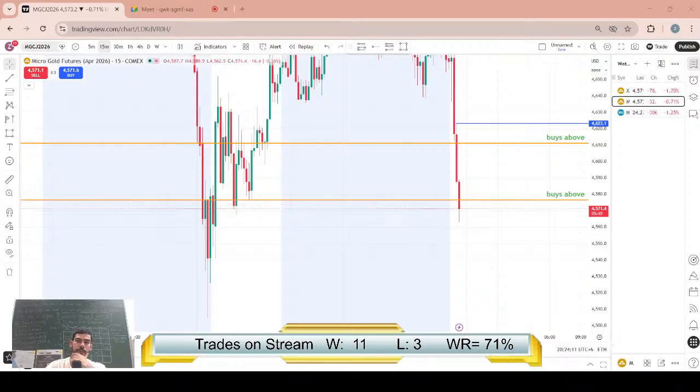So I think maybe with this 15-minute candle close, I mean the 30-minute candle, we can anticipate something probably, but with a low risk. We cannot risk big on this trade because it's a little bit overextended.